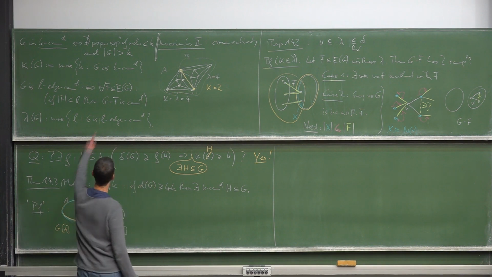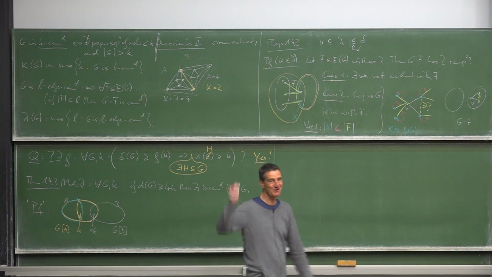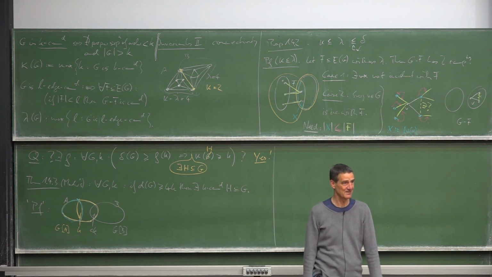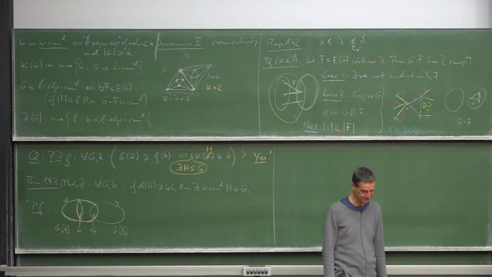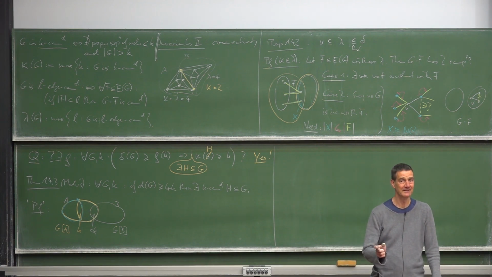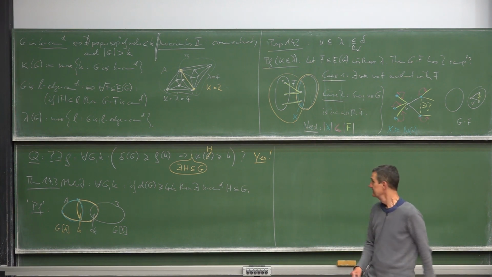All right? So right up there. And this is one of the more profound reasons why we require G to have more than k vertices in order to call it k-connected. Otherwise, we couldn't have such statements. Okay, very good. Did everybody get that? Yeah. Okay.